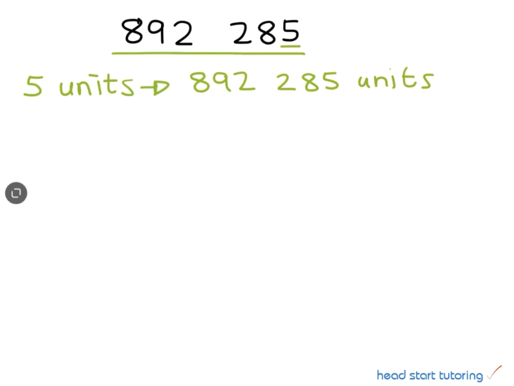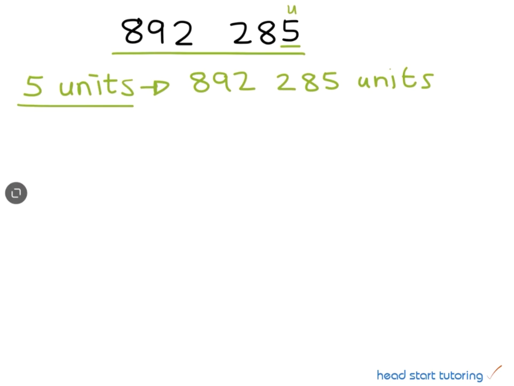So the value of our 5 in this number is 5 units, because then we are looking at that particular column. There are 5 units in this number, or the place value of our 5 is 5 units.